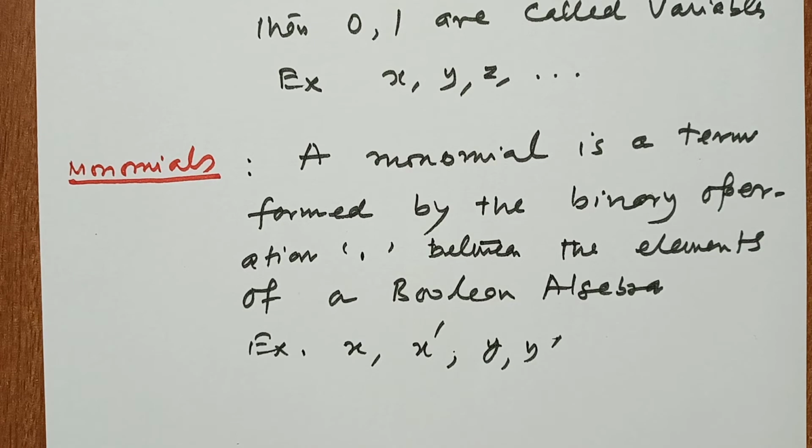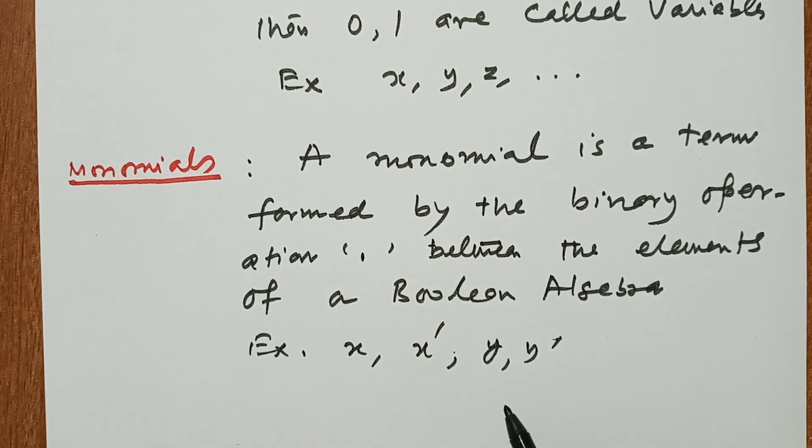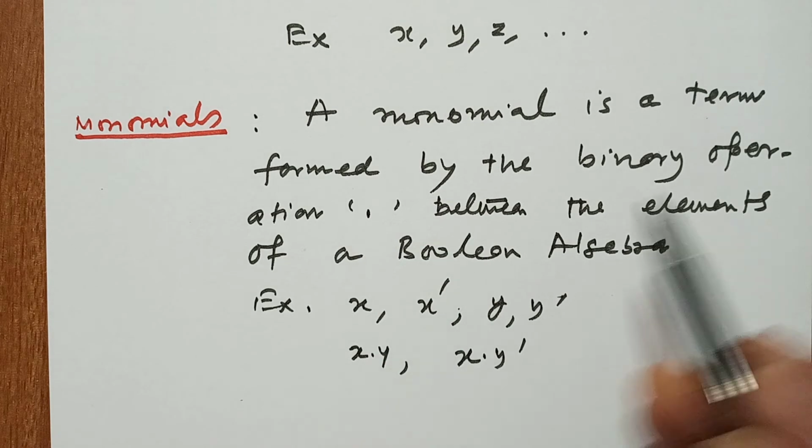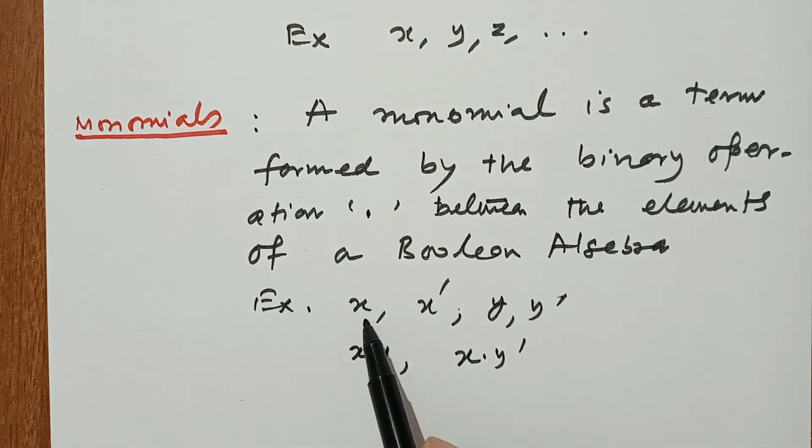If we use the dot between two variables, this is a monomial: x dot y dash.